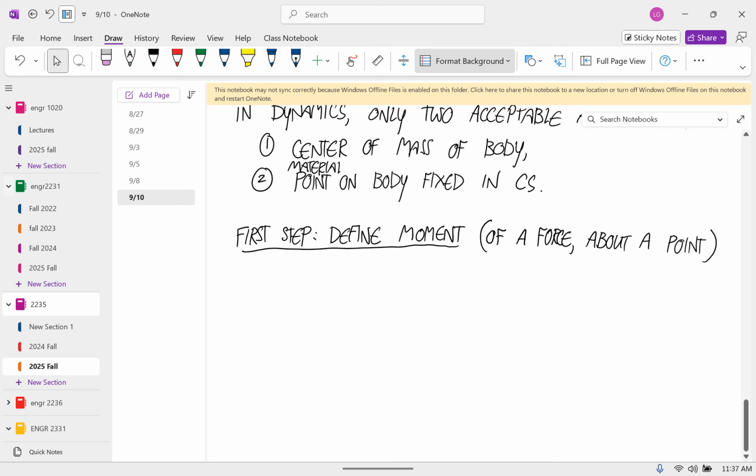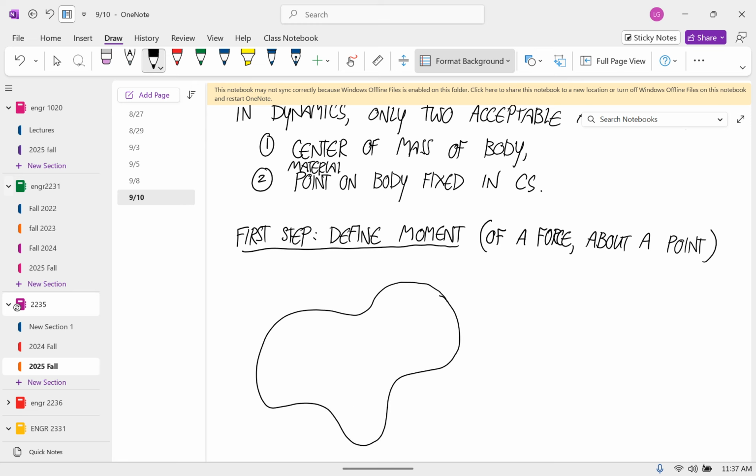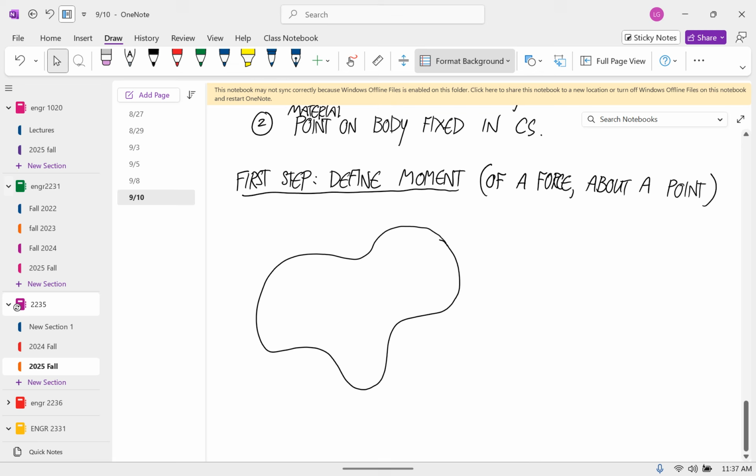And so here is just the arbitrary body that we're going to be talking about. And at the point P, there's a force.